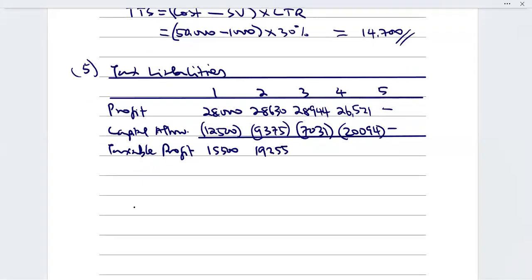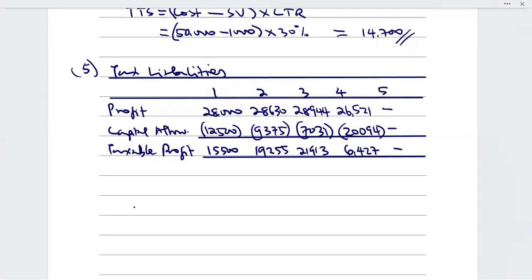Then 21,913. Then 6,427. So that's the taxable profit.